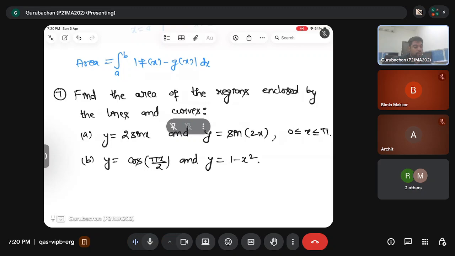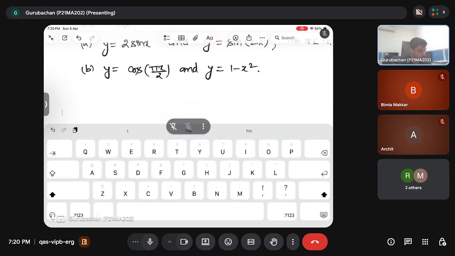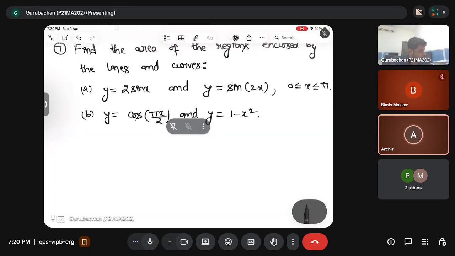What is the answer of the first part? Sir, solving, sir. 30 seconds. Okay.